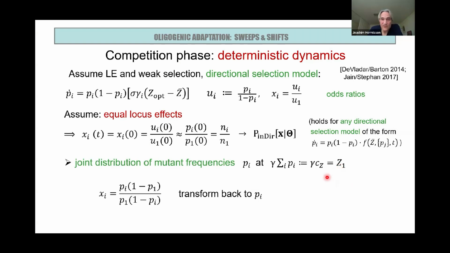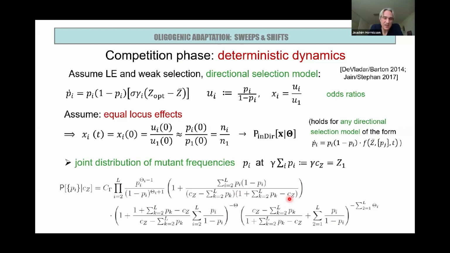Okay, so we have the distribution on the odds ratios. But we are interested in the joint distribution of frequencies. This just requires a transformation back from the odds ratios to allele frequencies. This can be done, and it gives something that looks ugly, as you see here.